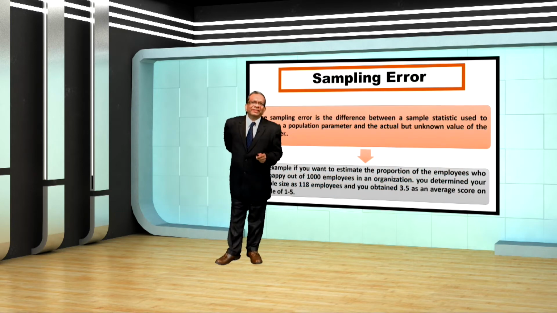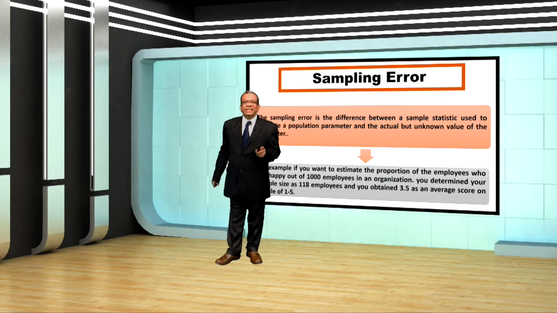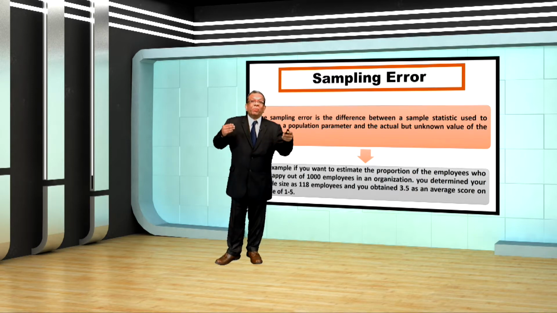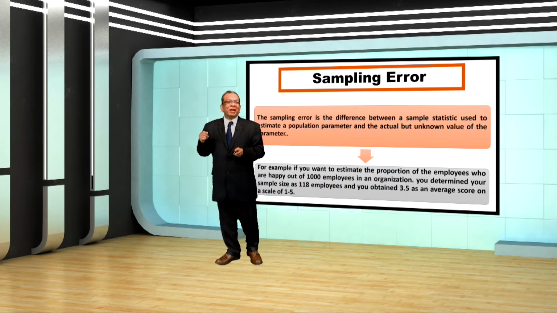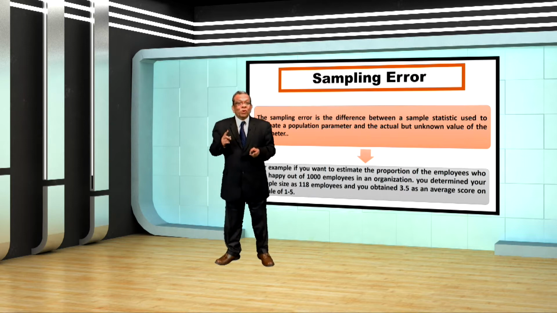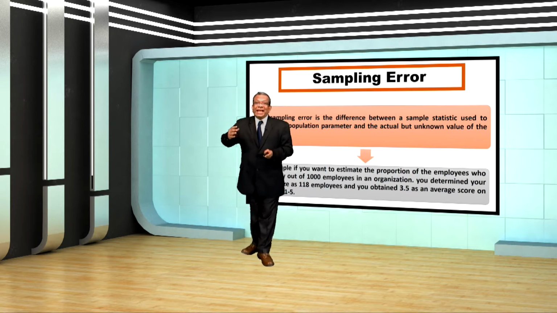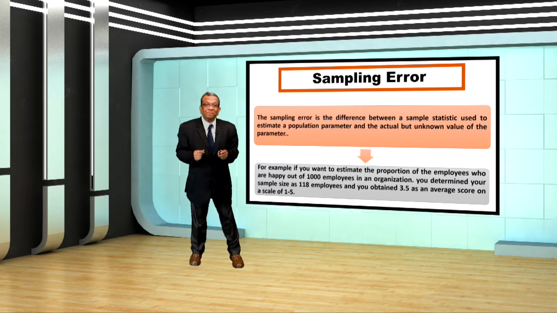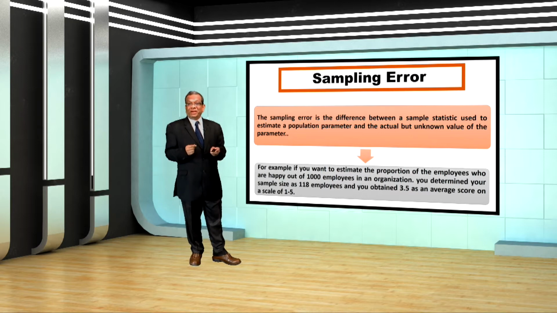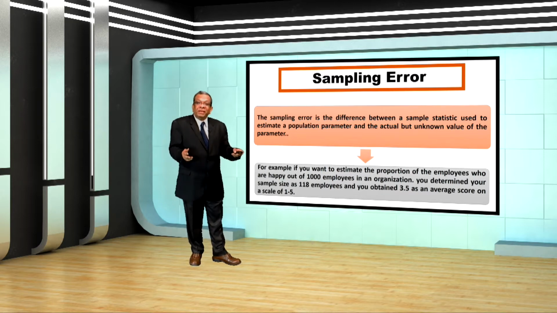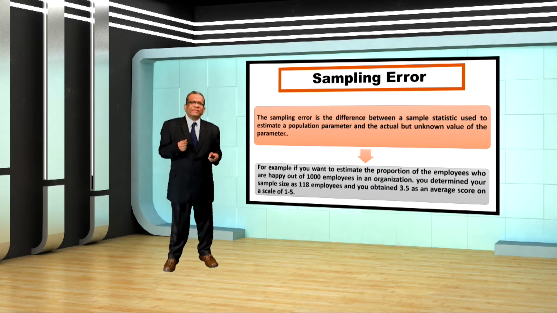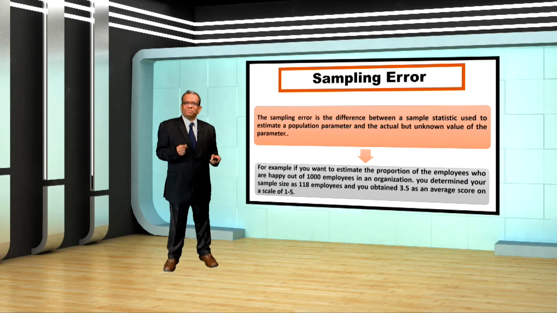What is sampling error? Sampling error is the difference between a sample statistic used to estimate a population parameter and the actual but unknown value of the parameter. Very important. We are trying to use the sample statistic to estimate the population parameter. For example, if you want to estimate the proportion of the employees who are happy out of 1,000 employees in an organization, you determine your sample size as 118 employees by some method.